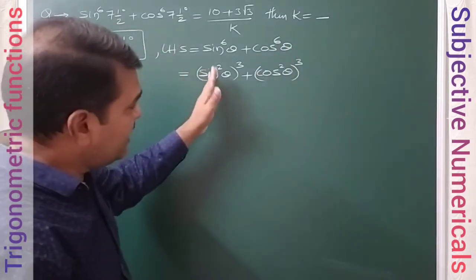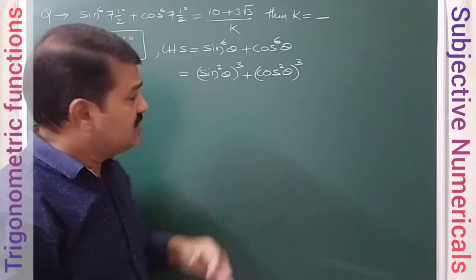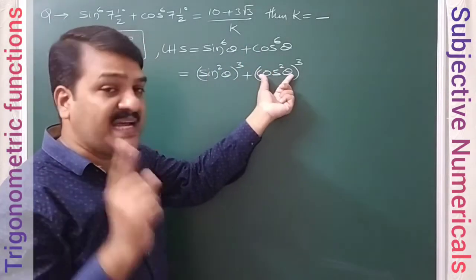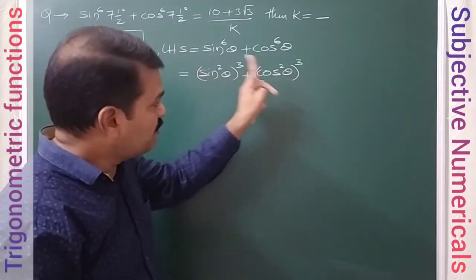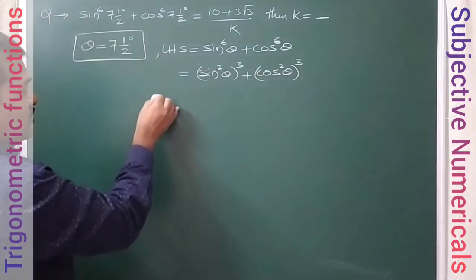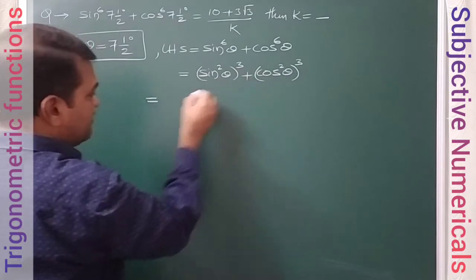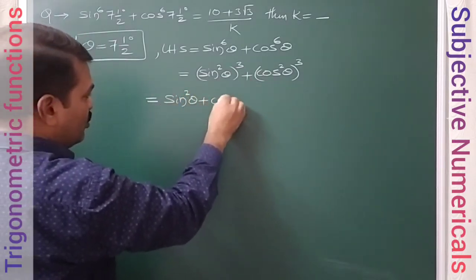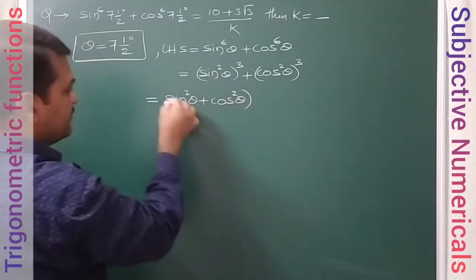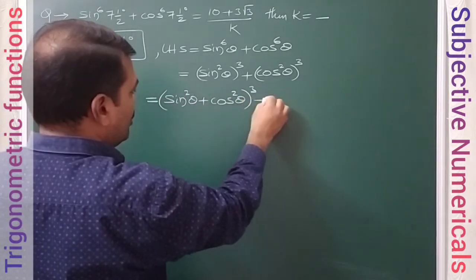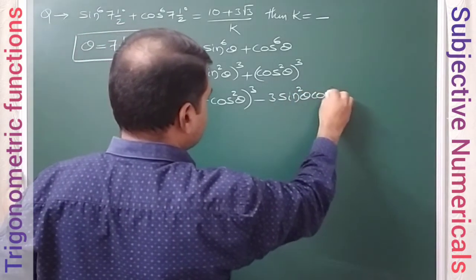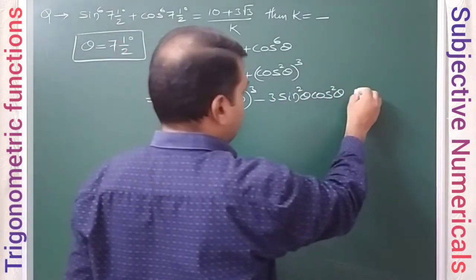So this is clearly a cube plus b cube model. Treat sine squared theta as a, cos squared theta as b. So we can write a cube plus b cube as a plus b whole cube minus 3ab into a plus b.